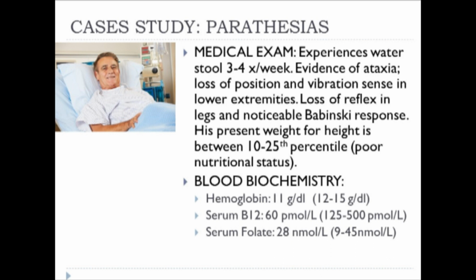His blood biochemistry shows about 11 grams per deciliter of hemoglobin, so slightly under the normal range. His serum B12 is 60 picomoles per liter, and that's under the 125 to 500 range. His serum folate at 28 nanomoles per liter is within the normal range.